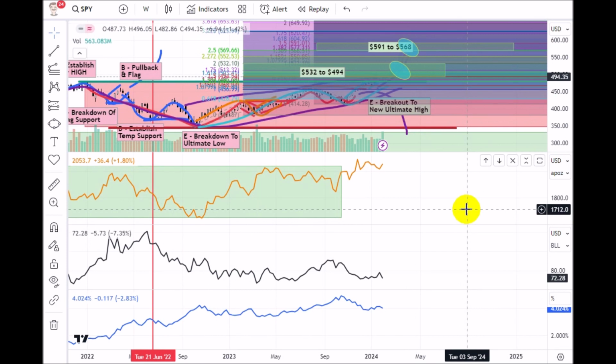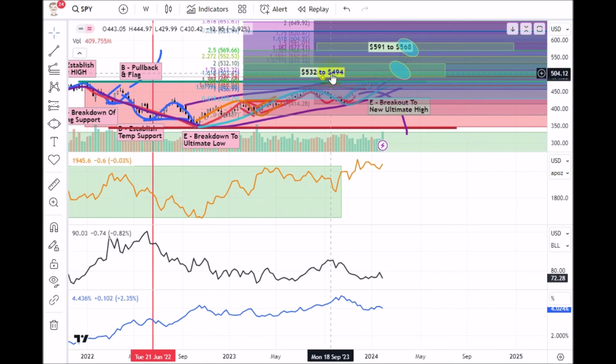And again, that gives us a range. We're at 494 already. So we have the ability to go up to 532, which is about a 6 or 7% increase at this area. But we also have the ability to go to 591 or 568 in that area or higher to expand up out of this.